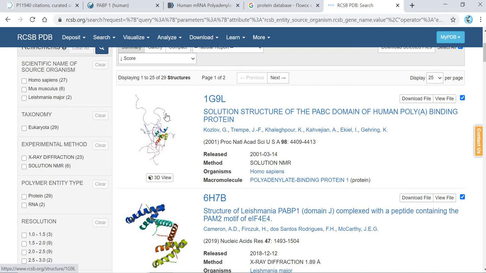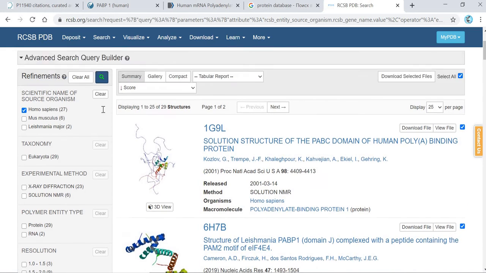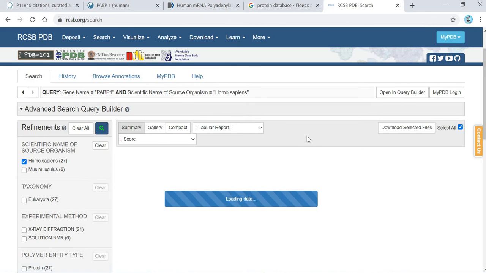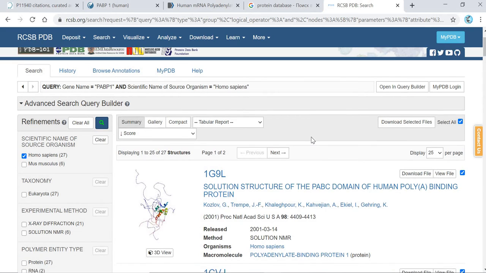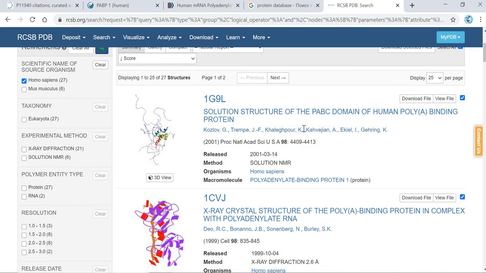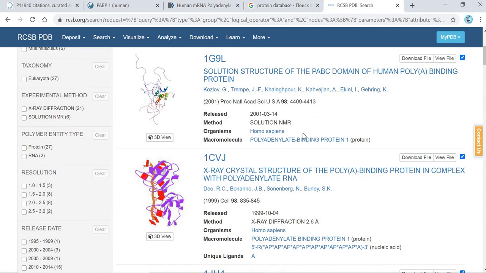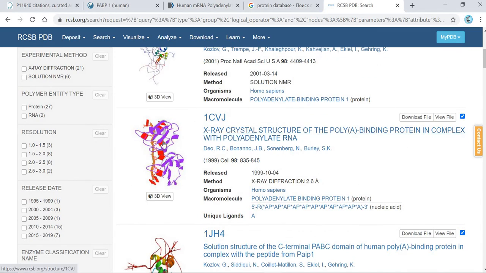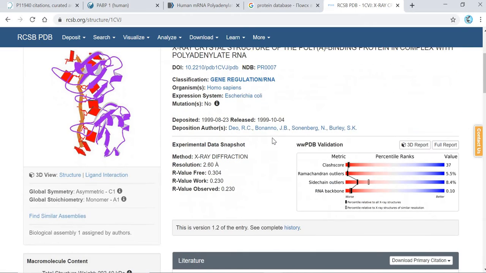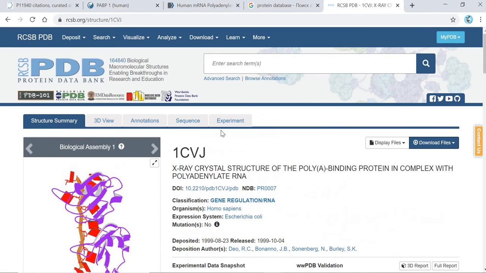Homo sapiens, yeah, people, which is binding to the poly A tail of RNA, and then here it looks like X-ray crystal structure of poly A binding protein in complex with polyadenylate RNA. So I think that is what we should look for.